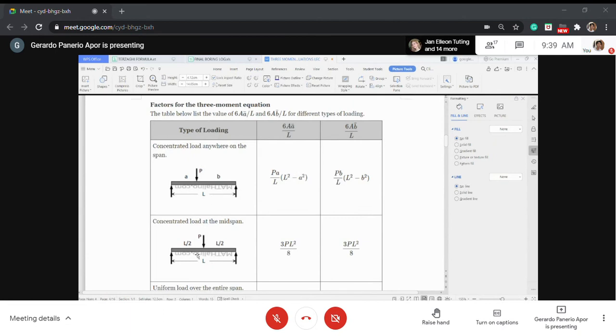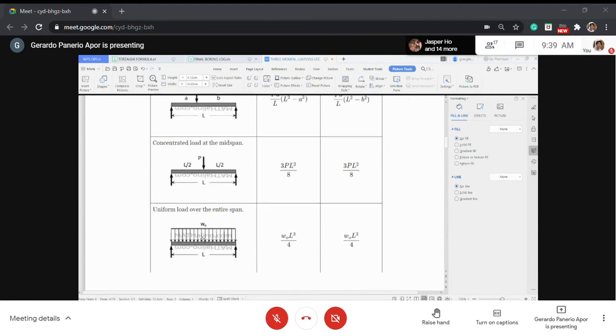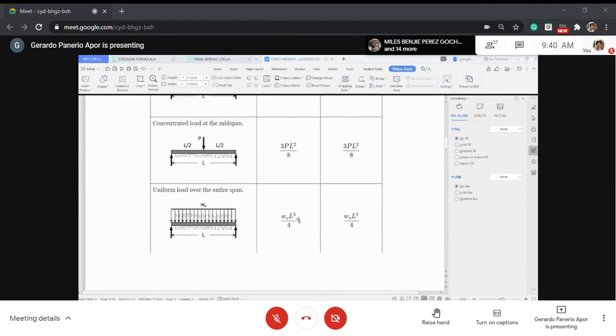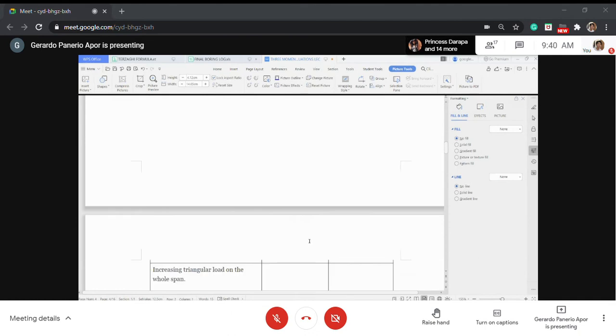If the load is at the center, this will be the value of your 6 A a-bar over L, and this one is for the other column. For this one, the value of 6 A a-bar over L is equal to WL cubed over 4.